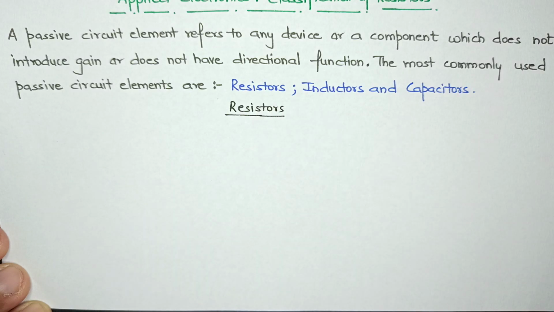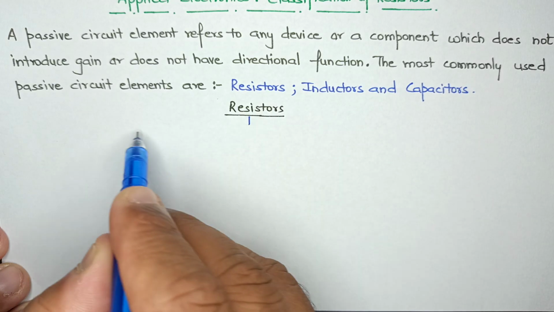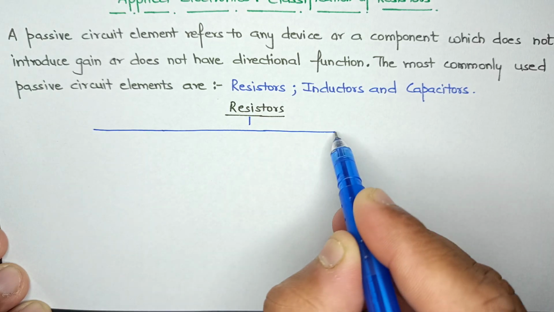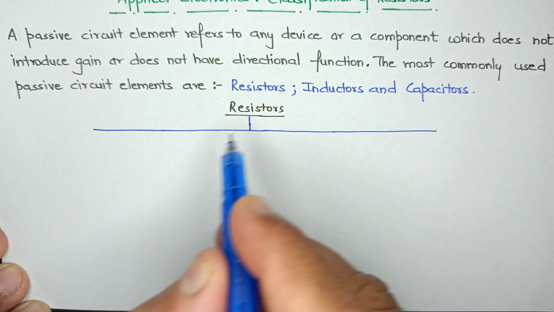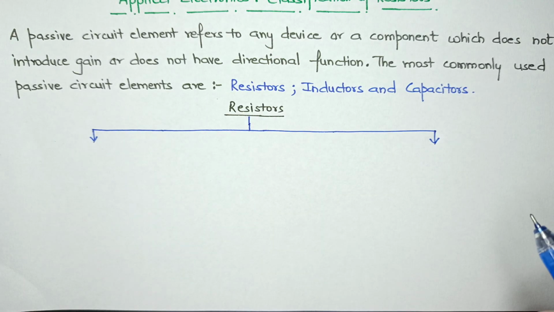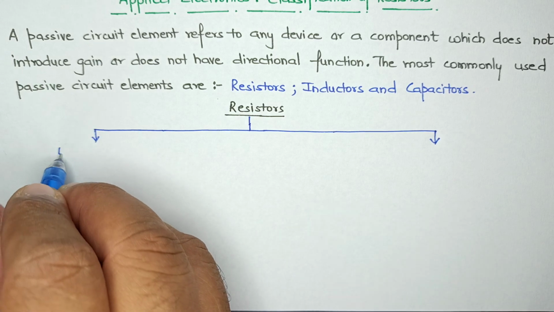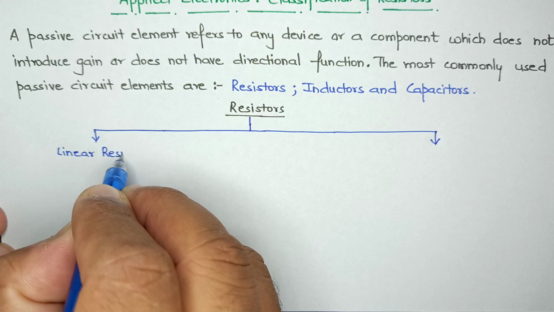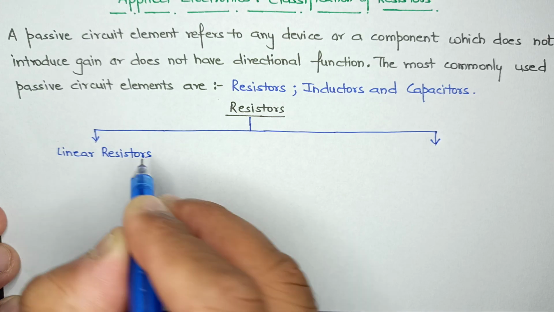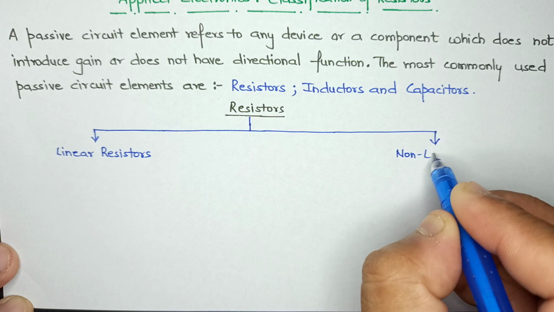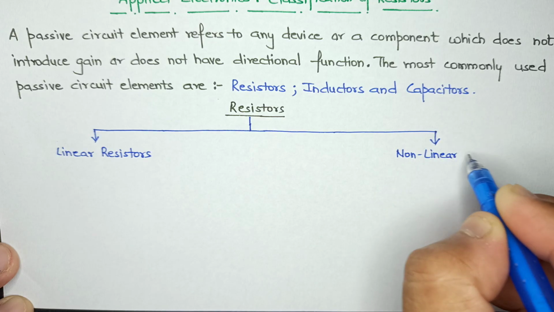These resistors are technically divided into two broad categories. The first category is called the linear resistors, and the second category is called the non-linear resistors.